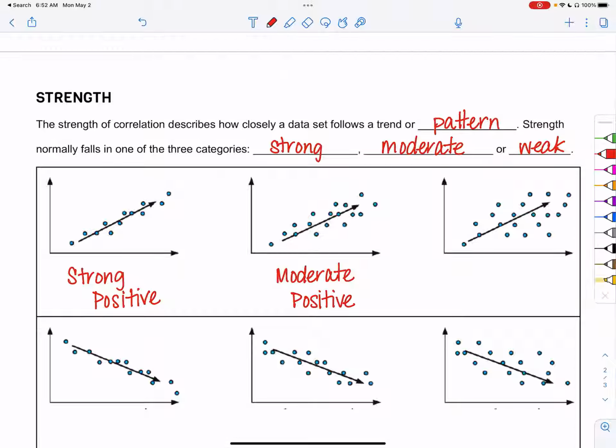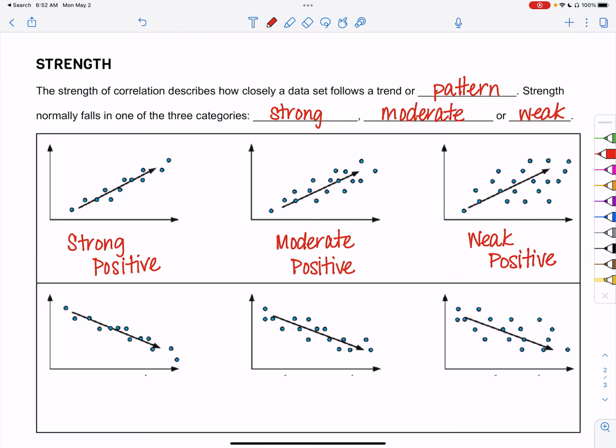And the last graph at the top is what we call a weak positive correlation. Notice when we say strong, moderate, and weak, you should be able to look at the way the data points fit around the line that is drawn there. The closer your points are together to form a straight line, the stronger it is. The more spread out your points are from each other, the weaker it is.